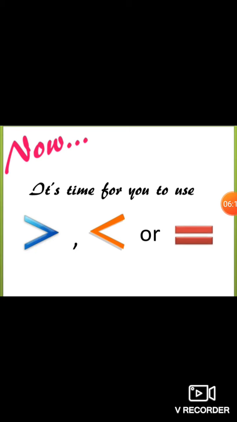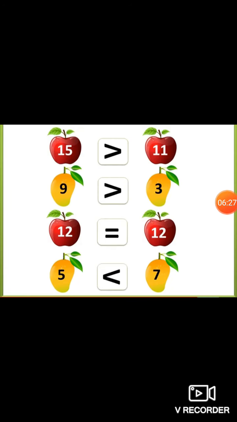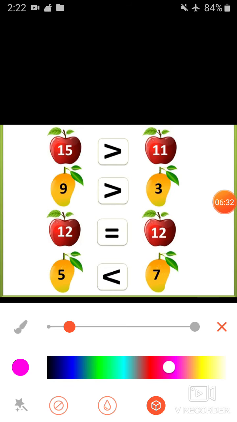Now it's time for you to use all the symbols greater than, smaller than or equal to. So students, look here at the first picture. We have to compare both the apples. Here in the first apple the number is 15 and in the second 11.